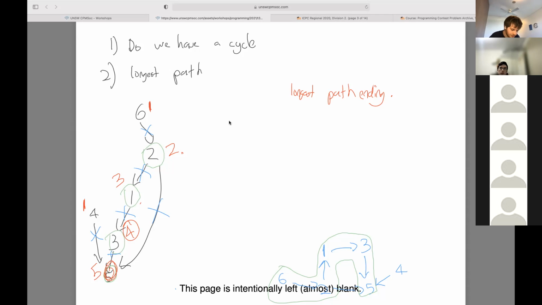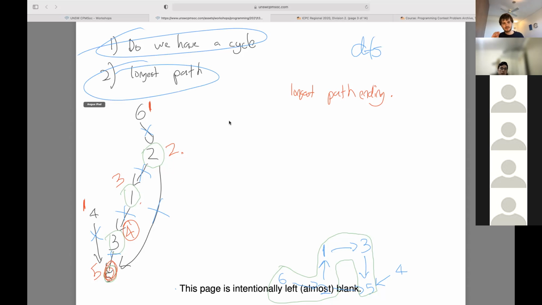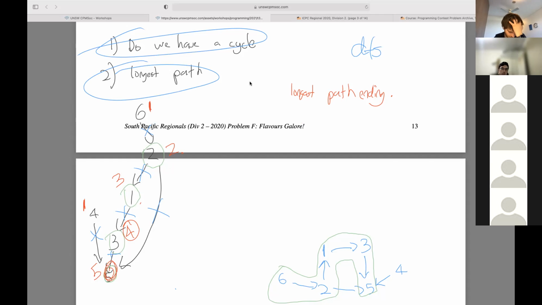And so our algorithm is step 1, is there a cycle? That's a DFS. Step 2, find the longest path using either method we described before. The constraints are clear here.